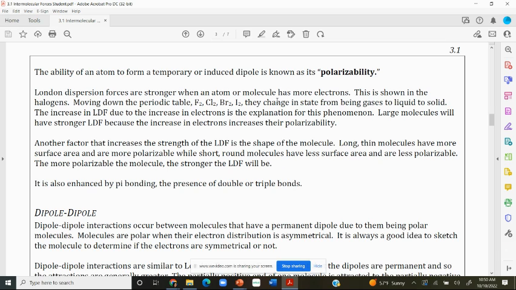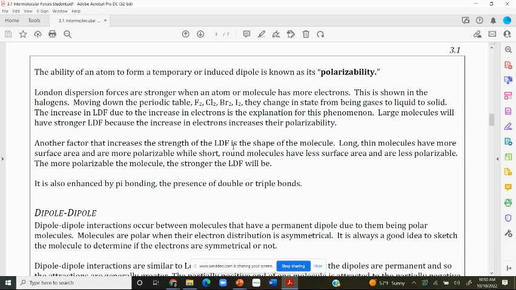London dispersion forces are stronger when an atom or molecule has more electrons. This is shown, like I said, in the halogens, going from gases down to liquids and solids. They increase in LDF due to the increase in electrons, which makes them more polarizable.